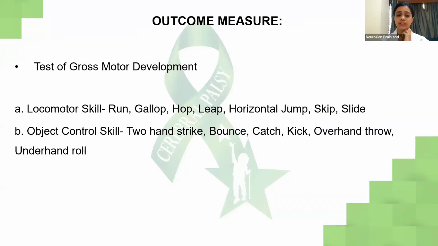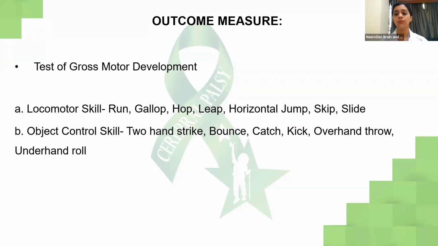So we use certain tools, one of which is the Test of Gross Motor Development, TGMD, to rule out any concern with the locomotor skill or object control skill. Locomotor skill will tell you about running, galloping, hopping, leaping, horizontal jump, skip, slide, etc. Whereas the object control skill will tell you two hand strike, stationary bouncing, kicking, catching a ball, overhand throw.